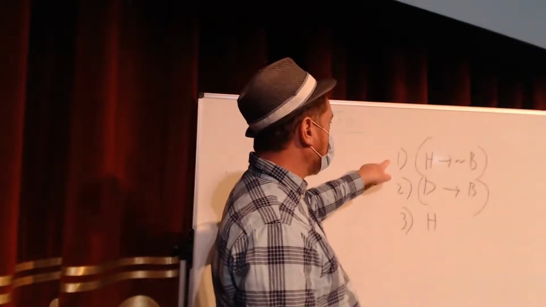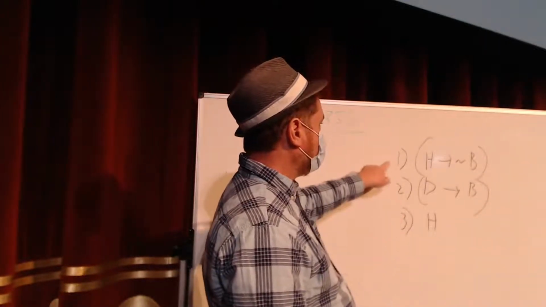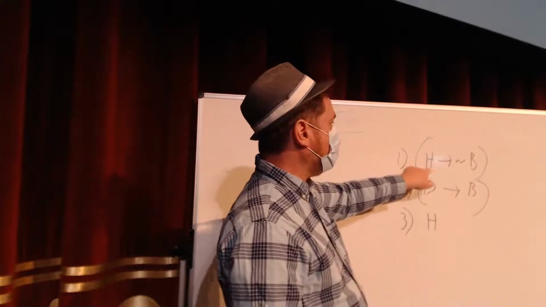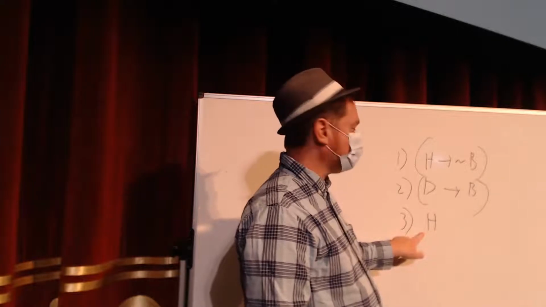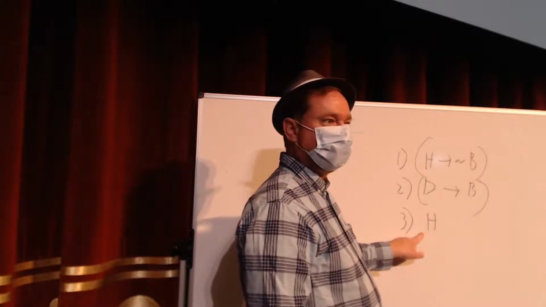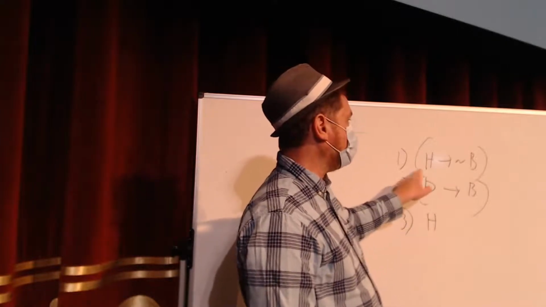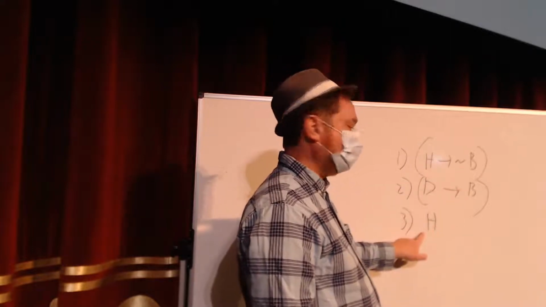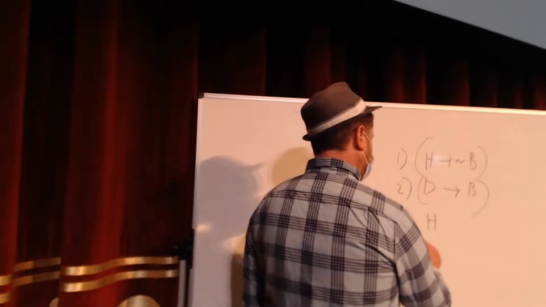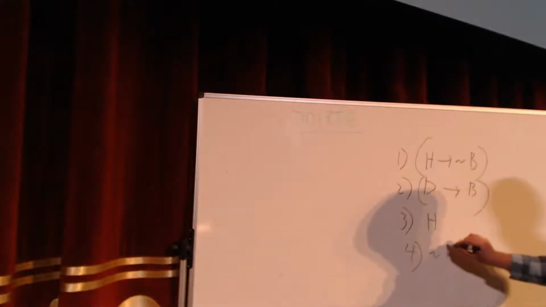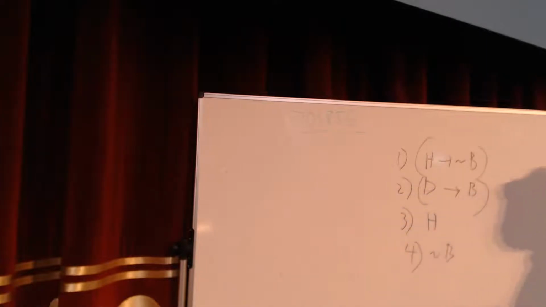So I look here and I say, well, this first premise says if H, then not B. And this third premise says I have an H. So the combination of if I have an H, then I can get a not B, and the third premise saying I have an H, I can infer step 4, not B.